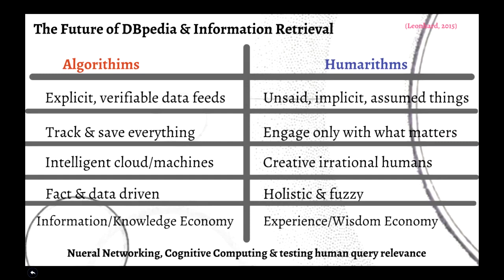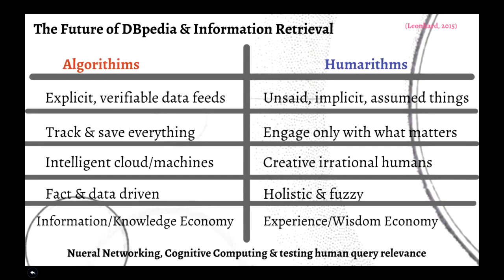Human rhythms have an experience or wisdom economy, which means that trends, personal choices, personal knowledge bases, and personal experiences become an economy unto themselves, and they can affect the algorithms. So the human and the machine cannot be separate.